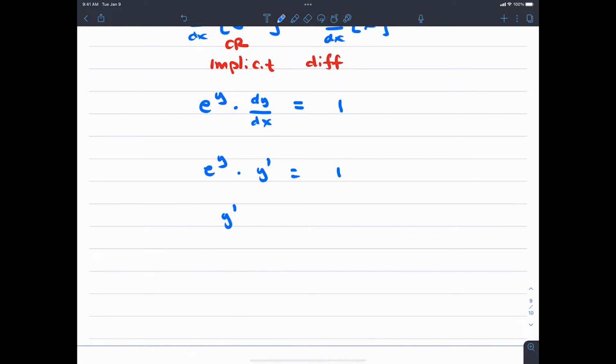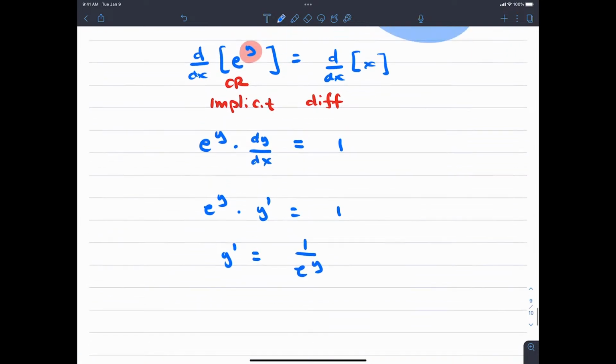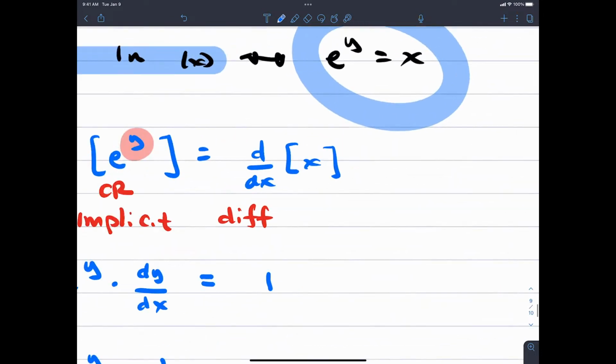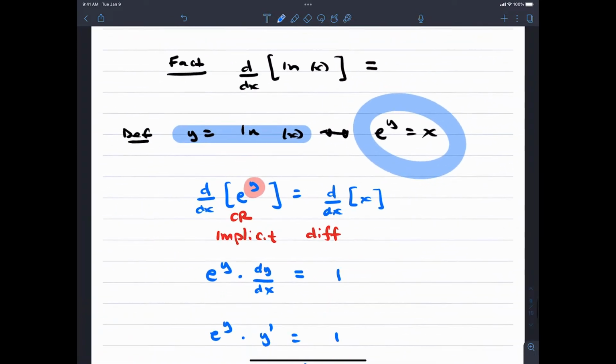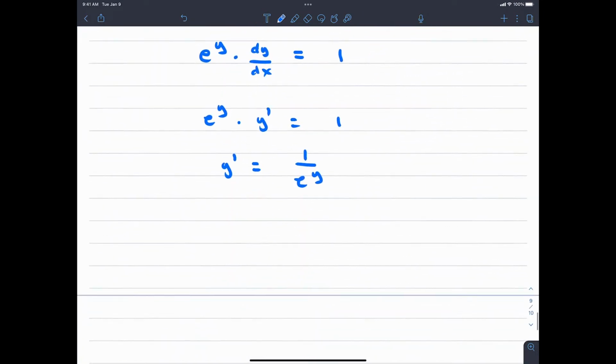Now I'll solve both sides for e to the y, and you already know what e to the y actually is. Well, that's x. So what I've shown here is that y prime is 1 over x, and that's what I wanted to show.